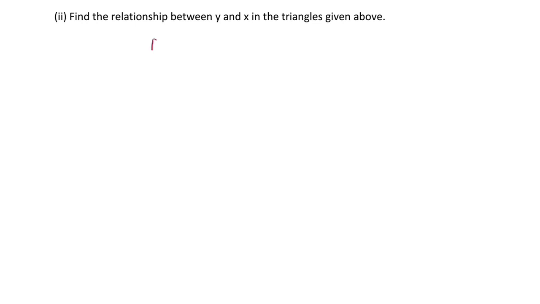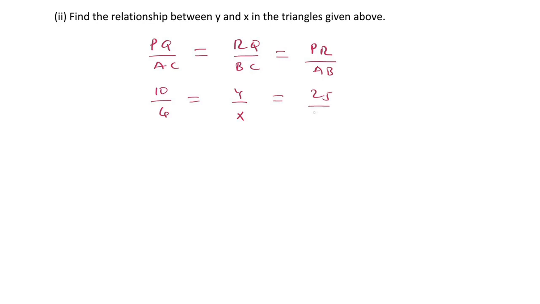That is PQ over AC equals RQ over BC, also equals PR over AB. Okay, so now let us substitute the values which we've been given. We are going to have 10 over 16 equals Y over X equals 25 over 15.